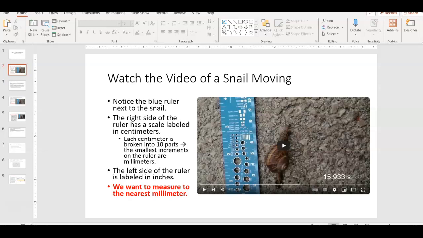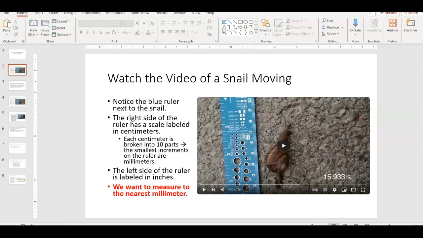There is a blue ruler next to the snail, and the right-hand side of the ruler is a scale labeled in centimeters. The left-hand side is measured in inches. And we definitely want to measure in the metric system, and so we're going to use centimeters or millimeters to measure.